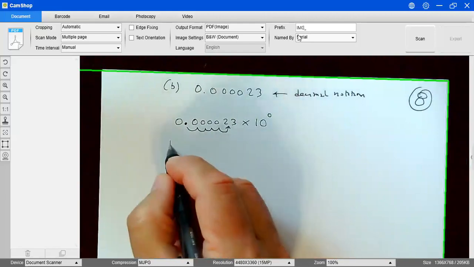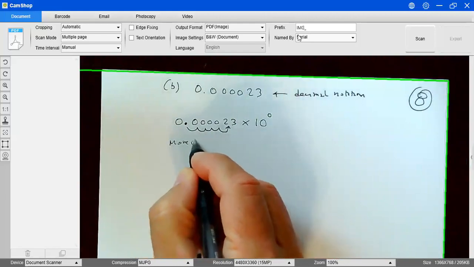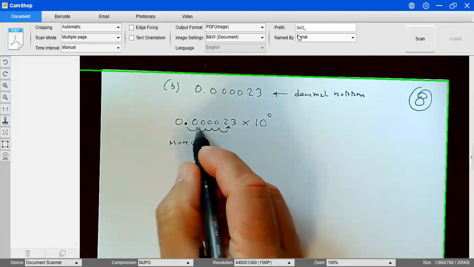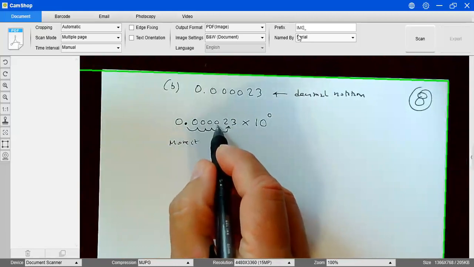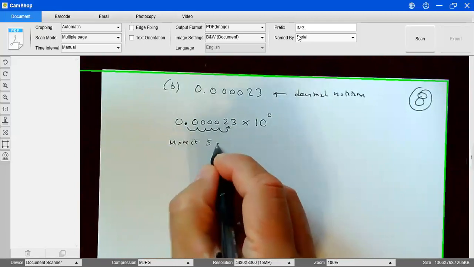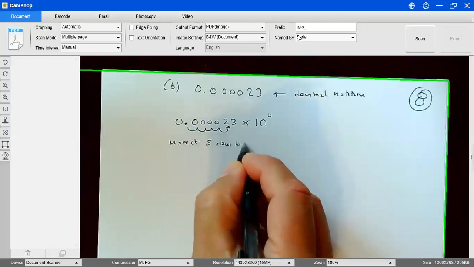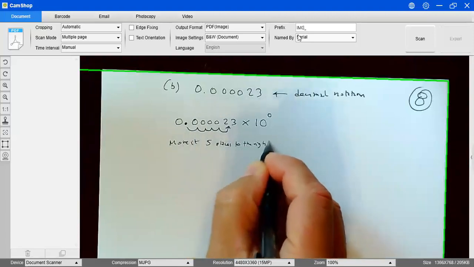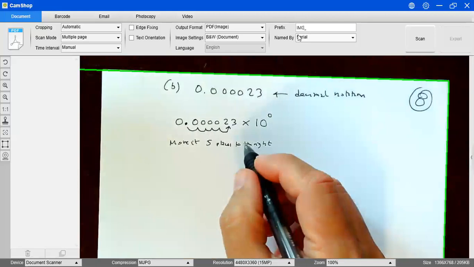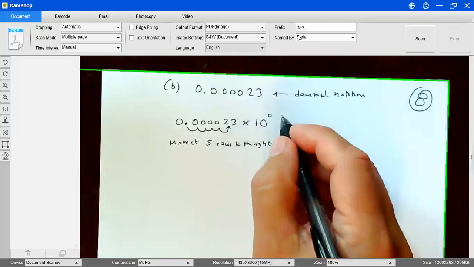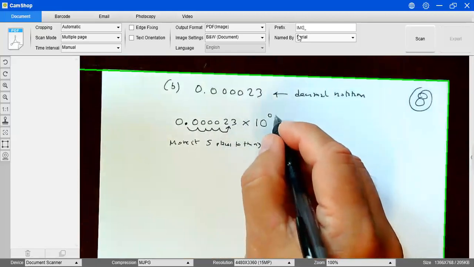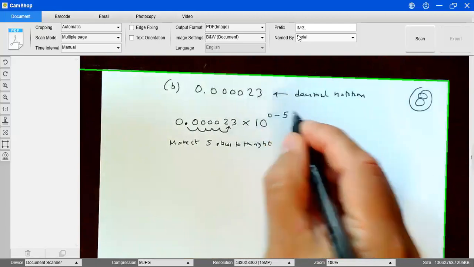So I'm going to move the decimal point 1, 2, 3, 4, 5 places to the right. If I move the point 5 places to the right, I'm going to subtract 5.